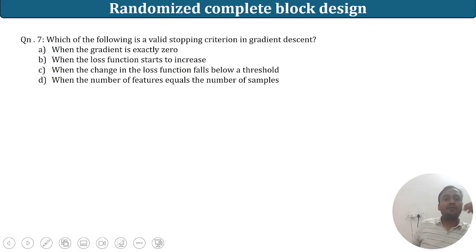Then what we have: which of the following is a valid stopping criterion in gradient descent?